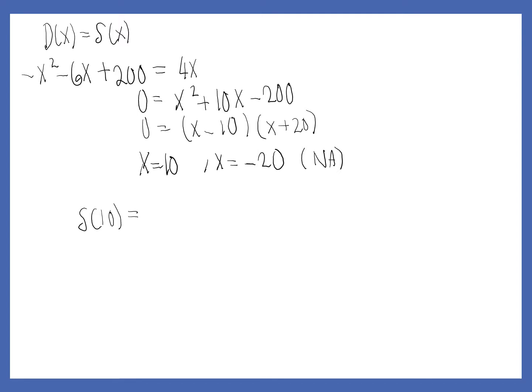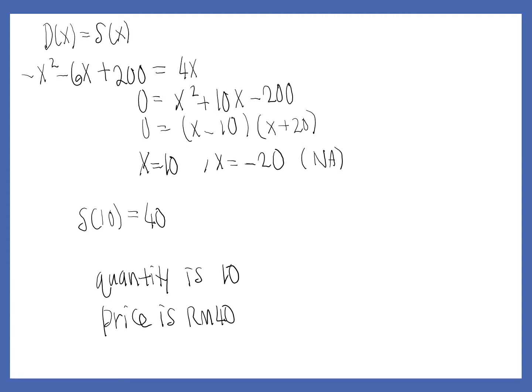So now I'm using the supply function, and I substitute x with 10. So here we have 10 times 4 is 40. So the quantity is 10. The price is RM 40.